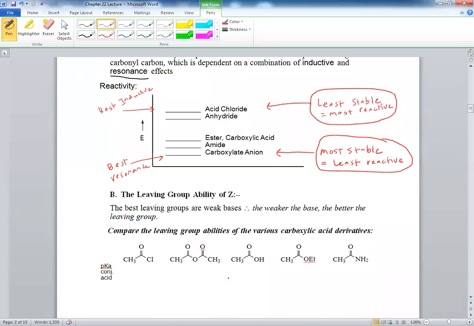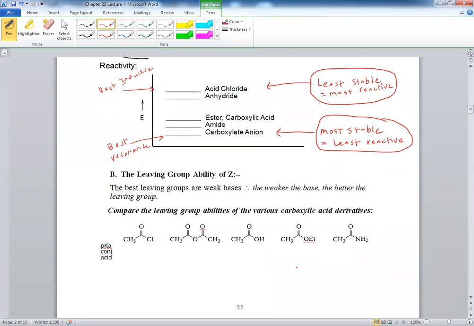So now let's talk about the leaving group ability. The best leaving groups are weak bases. They're stable bases. The weaker the base, the better the leaving group. Weak bases are stable bases. And the reason why they're weak is because they do not want a proton. That's why they're called weak. Strong bases, on the other hand, want a proton.